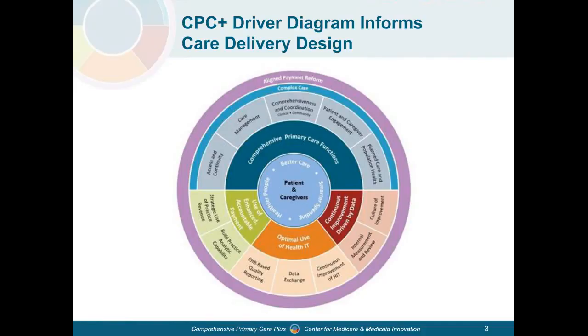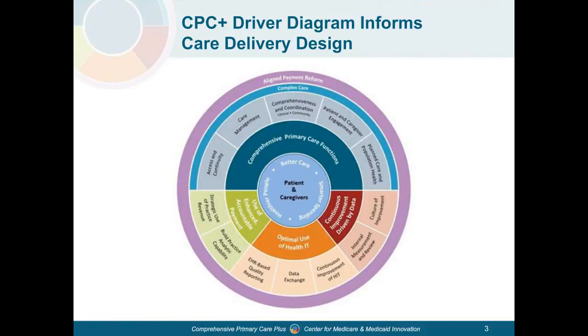Enhanced accountable payments, shown in green, optimal use of health IT in orange, and continuous improvement delivered by data in burgundy. This lower half supports the top half of the driver diagram, the 5 primary care functions in blue that are the work of practices in this model.